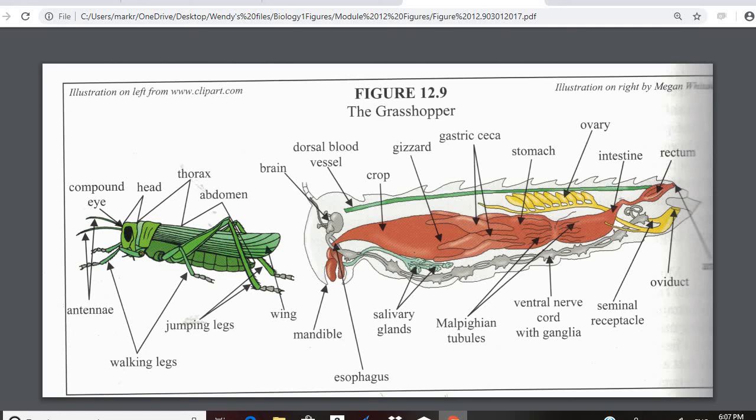If we look at their circulation and respiratory system, you see along the top they have a dorsal blood vessel.